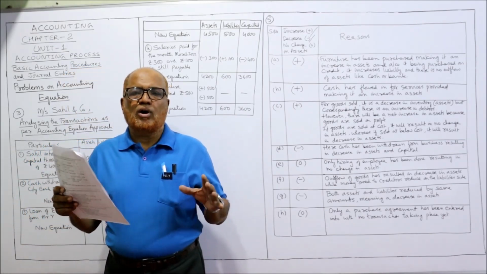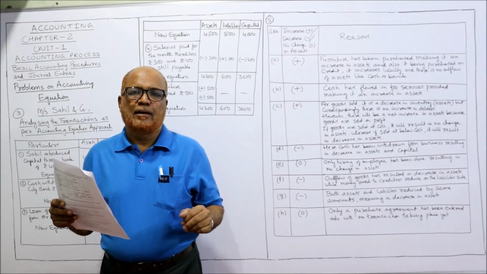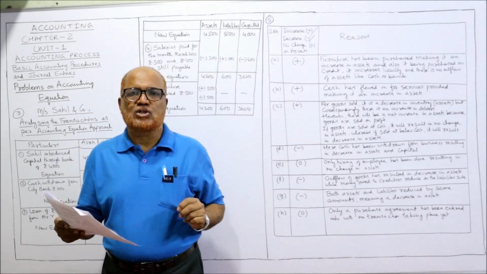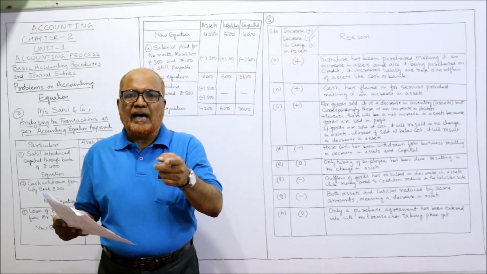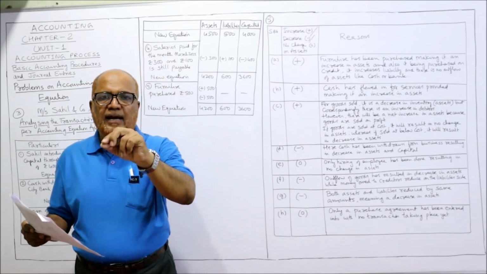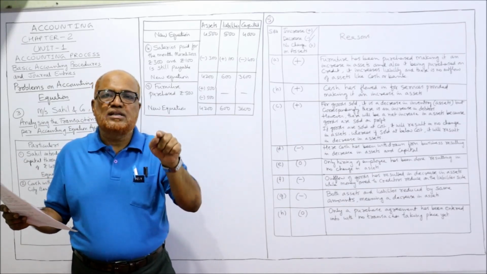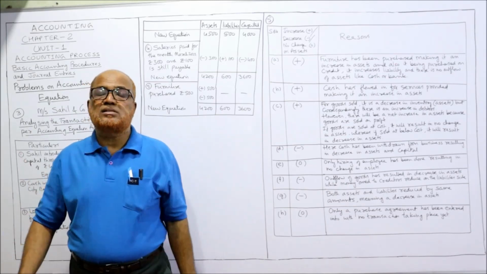Now it just wants to check the student's understanding ability. What is the effect on the assets due to the following transactions? If the asset increases, put a positive sign. If the asset decreases, put a negative sign. If there is no change on the assets, put 0. And lastly, also give reasons for your answers.